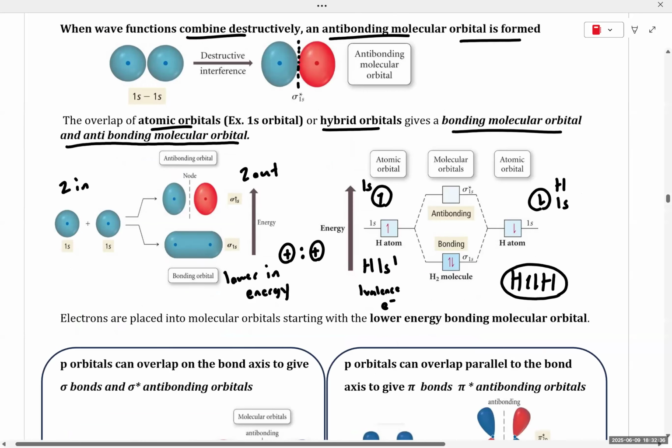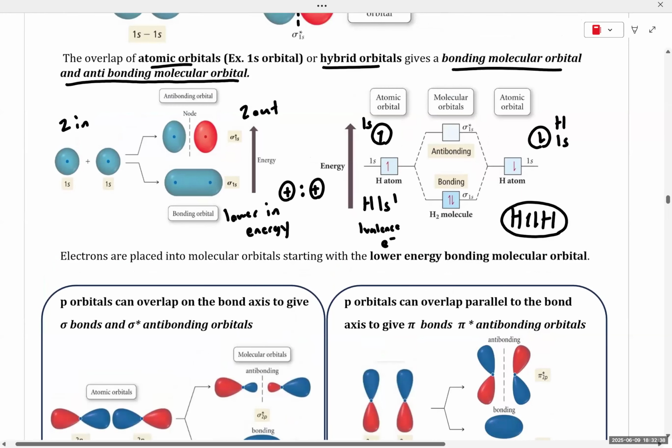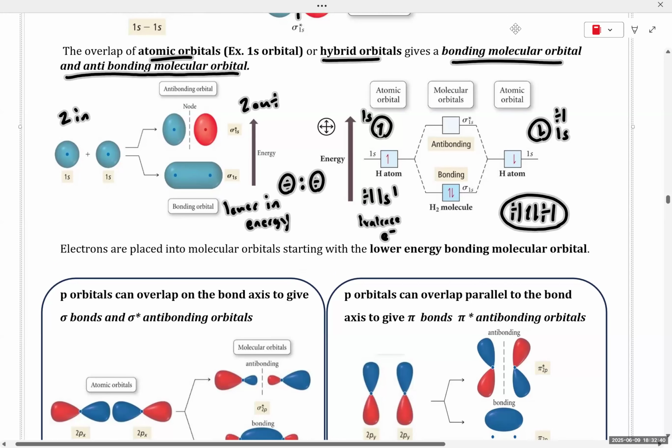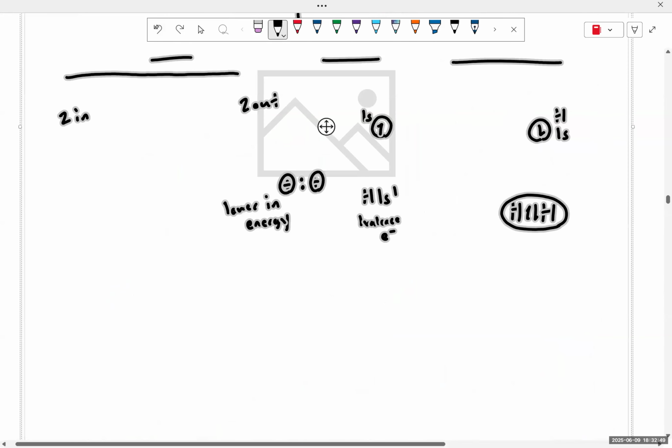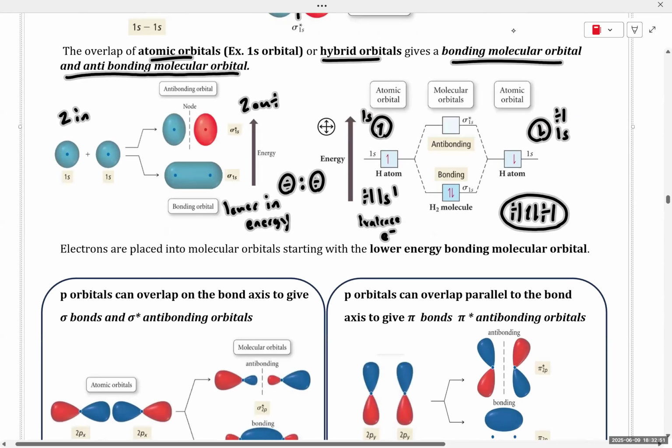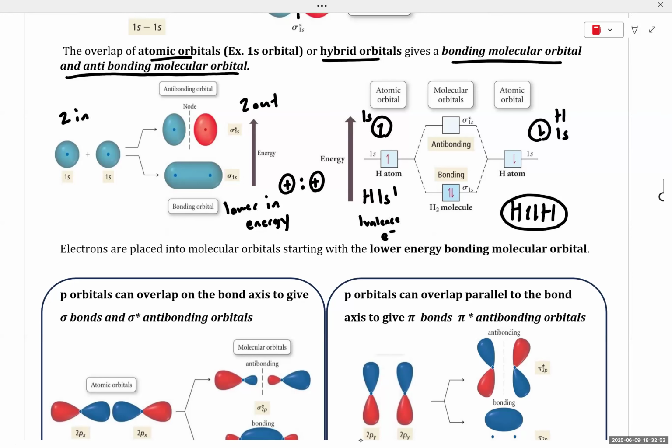In terms of filling these orbital box diagrams, electrons are placed into molecular orbitals, starting with the lowest energy bonding molecular orbital.